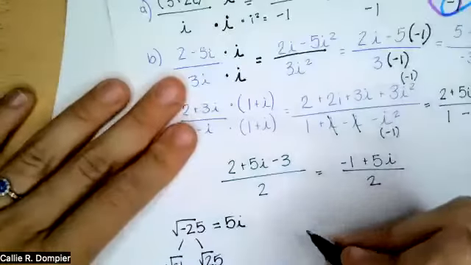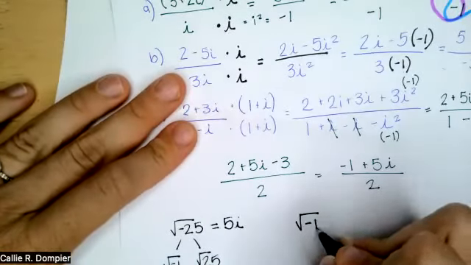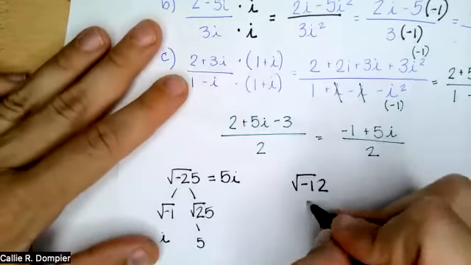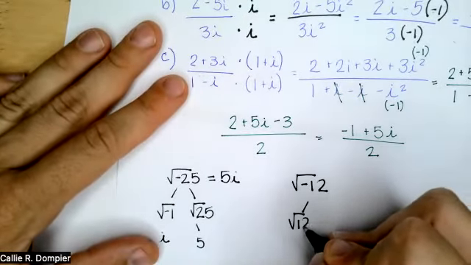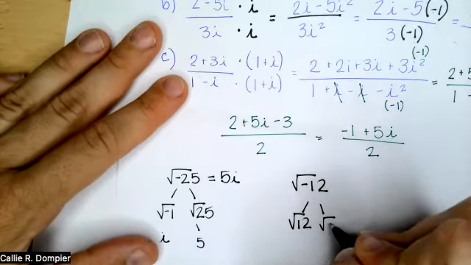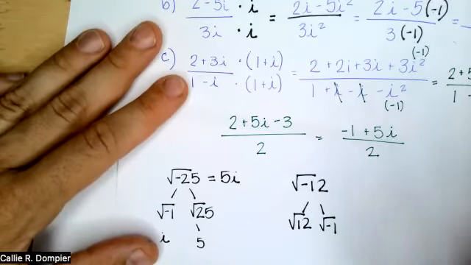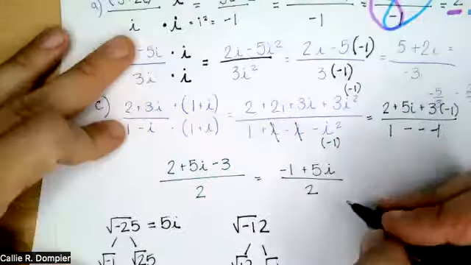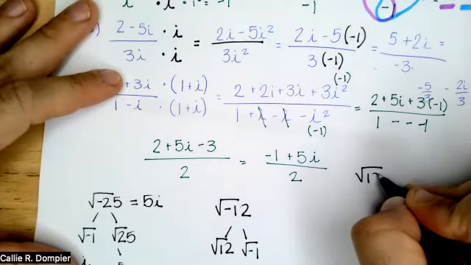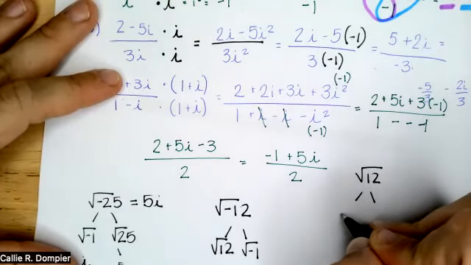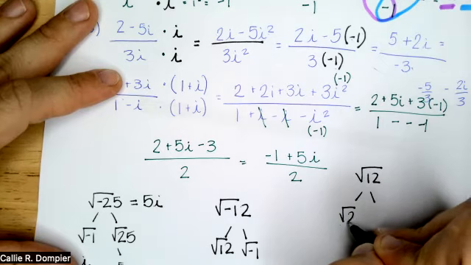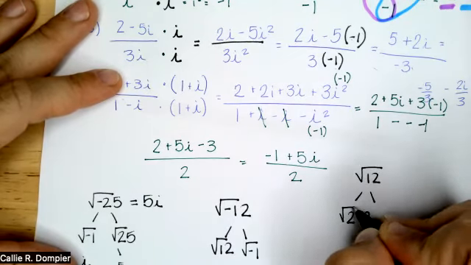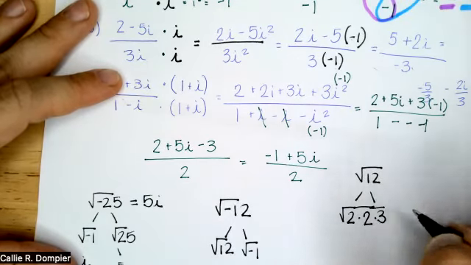The square root of -12 is the square root of 12 and the square root of -1. The square root of 12 becomes the square root of 2 times 2 times 3.